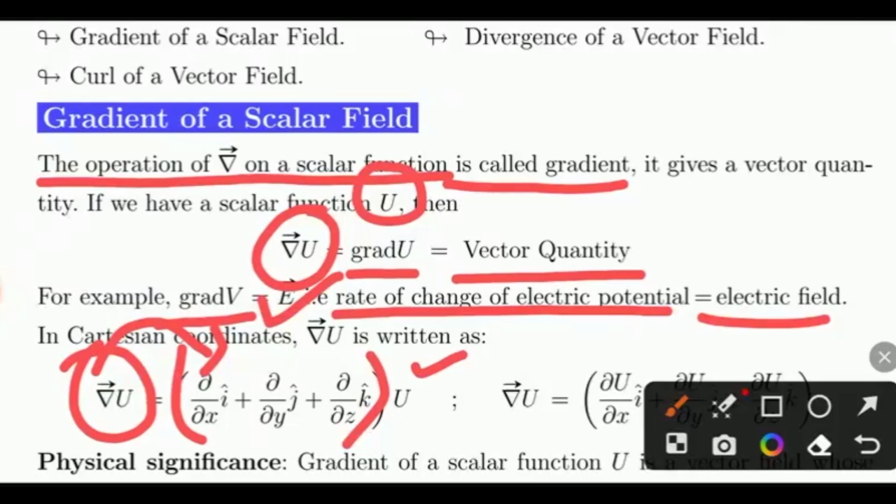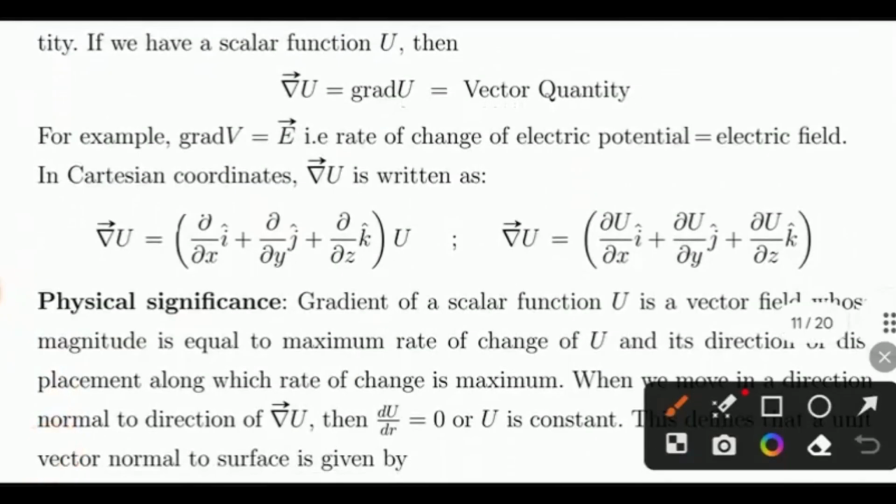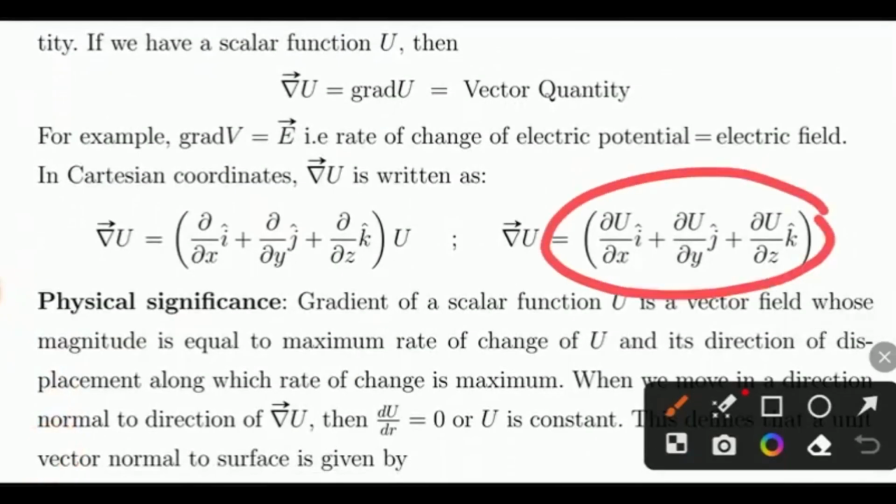When we attach this scalar function to that bracket, it can be expressed as partial u over partial x plus partial u over partial y plus partial u over partial z along their respective i, j and k unit vectors. Now, what is the physical significance of this gradient function?